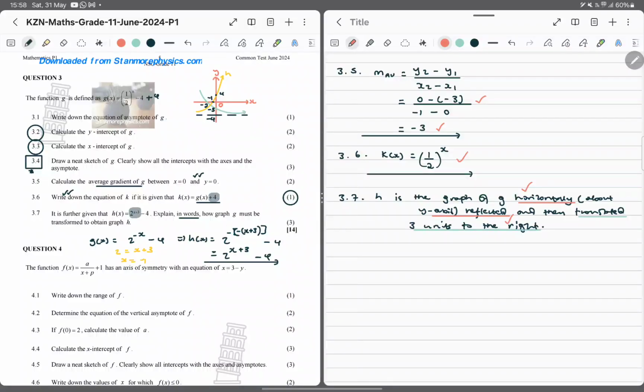Because I'm thinking if we do this to this graph, let me just show you what I'm thinking about. Now we want to flip this graph, right? When we flip it, remember this is like that, then when we flip it, it goes onto something like so. And then we move it back.